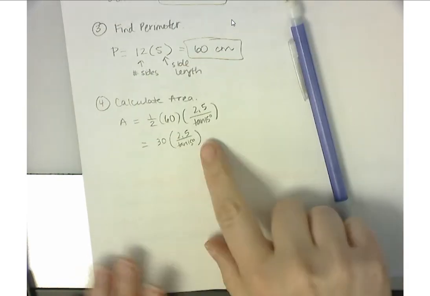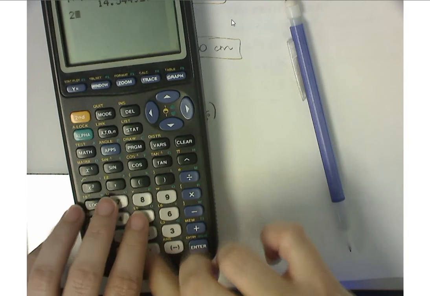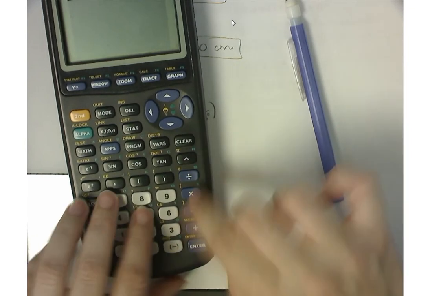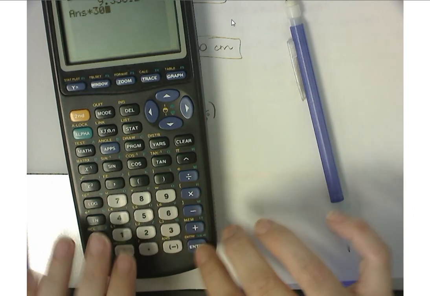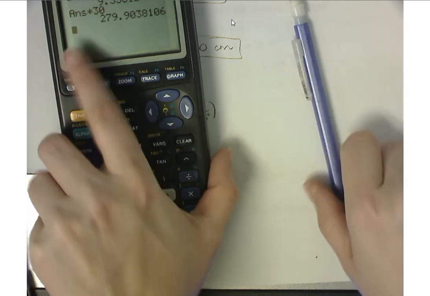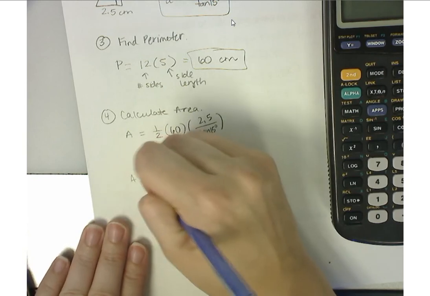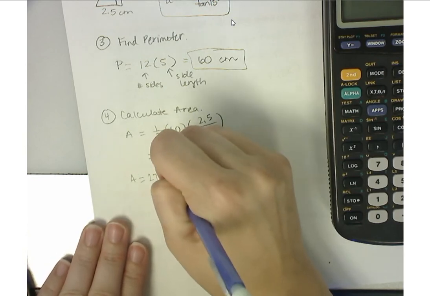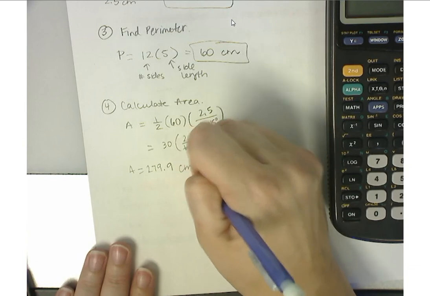What I would do first is 2.5 divided by the tangent of 15, and then take that value and multiply it by 30. We're still rounding to the nearest tenth. So 279.9. And what are my units for this? Good. Centimeters squared.